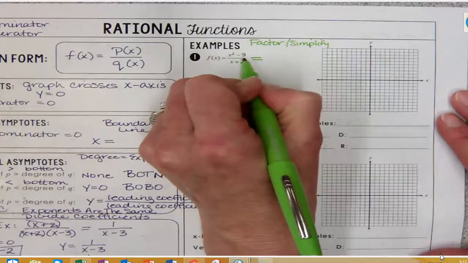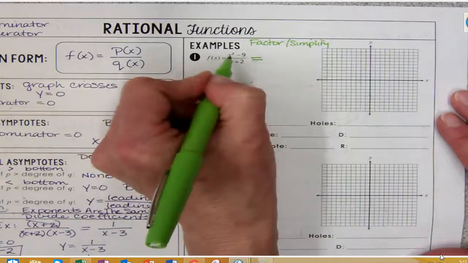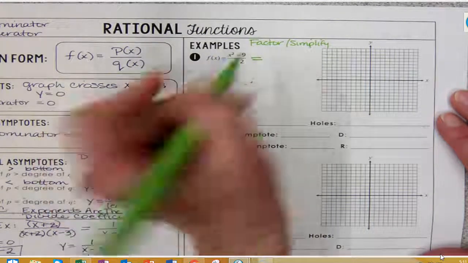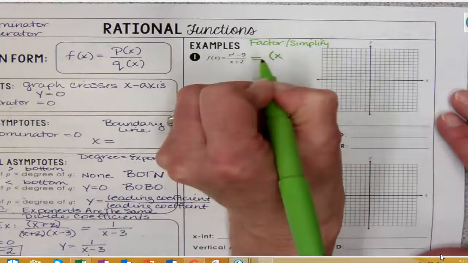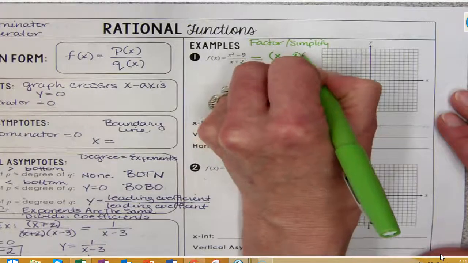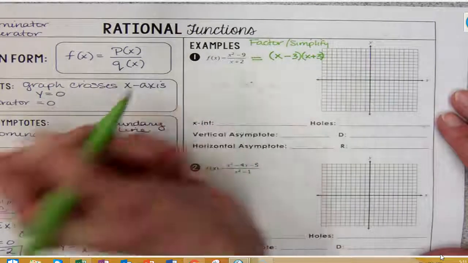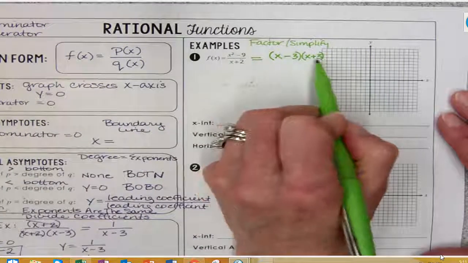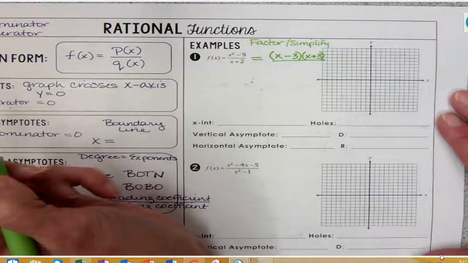So I can factor this. This is a perfect square binomial. There's two numbers. They're both perfect squares, which means I'm going to take the square root of x squared. I'm going to get x and the square root of 9, which is 3. That x plus 3, if I were to multiply those two factors together, I would get x squared minus 9.